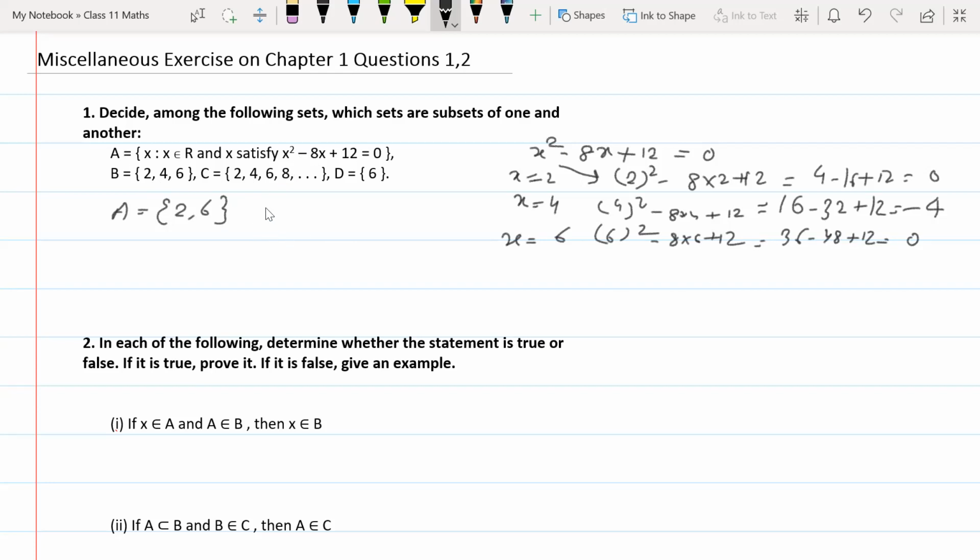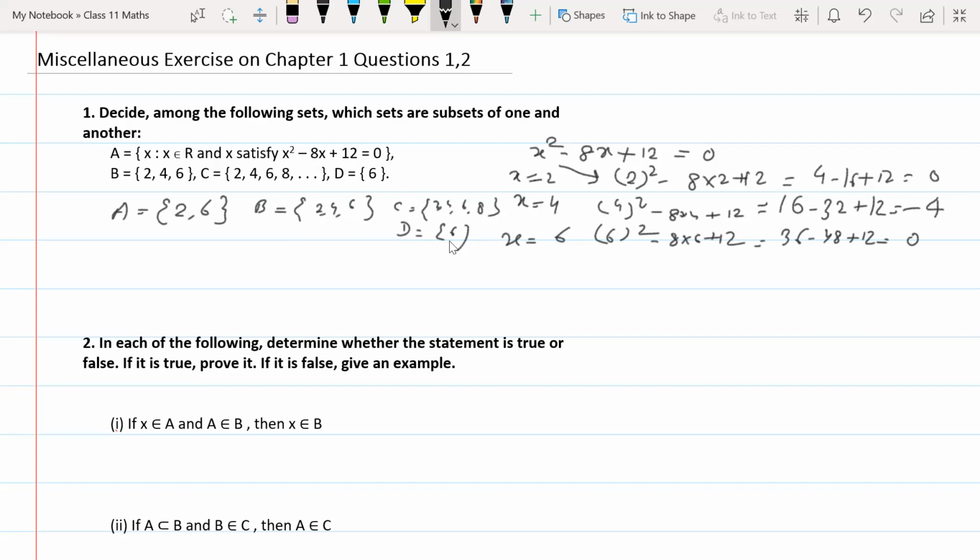So now set A is this, set B is in front of you, elements 2, 4, 6. Set C is also in front of you, 2, 4, 6, 8, and D is 6.